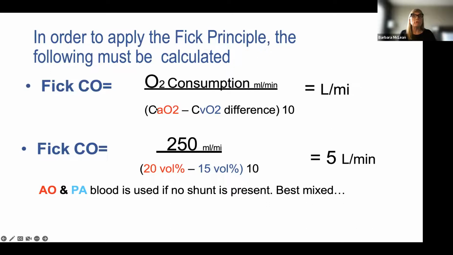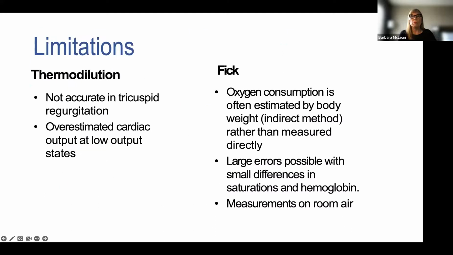SaO2 times hemoglobin times 13.6. CvO2 is SvO2 times hemoglobin times 13.6. I'm going to divide that difference into 250, and multiply it times 10. So here you see the number 5. 5 into 250 is 50, and 50 times 10 brings me to 5 liters per minute.